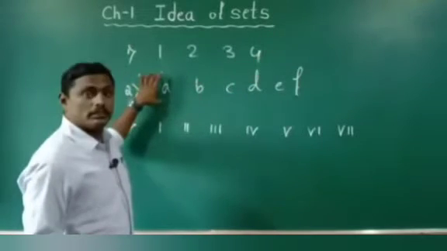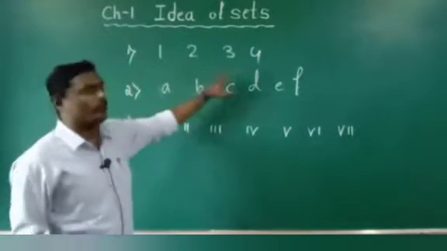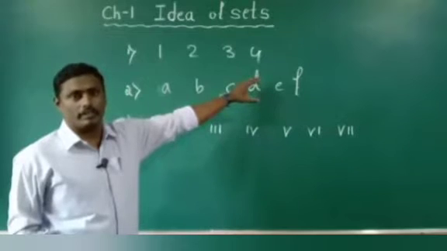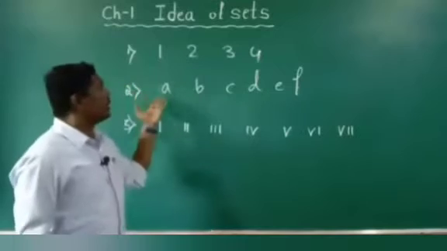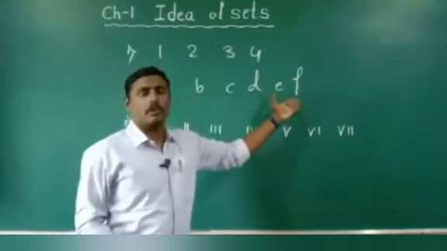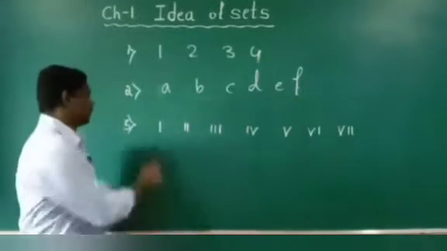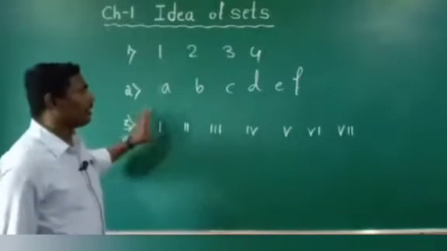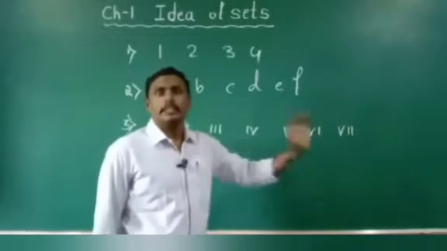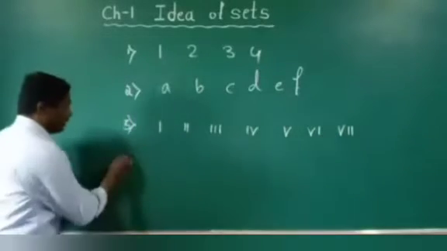Here, the second example is a group of small English alphabetical letters, or it is a set of small alphabetical letters. Third one is a set of Roman numbers.